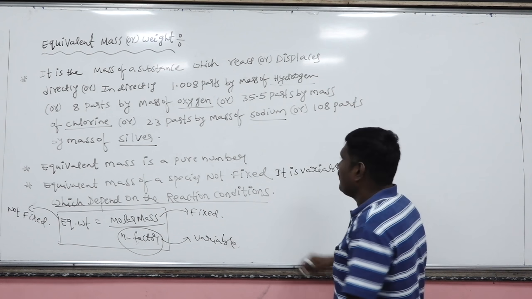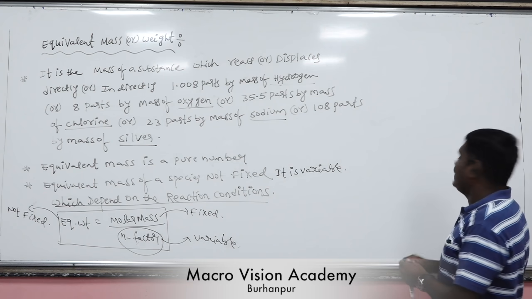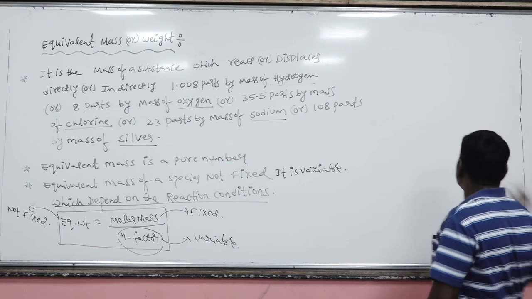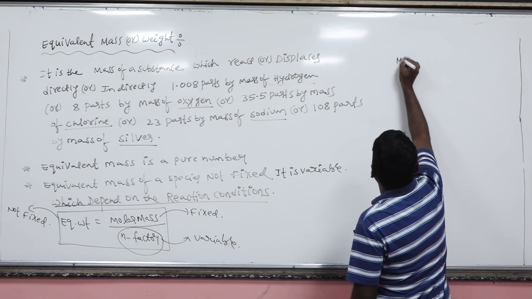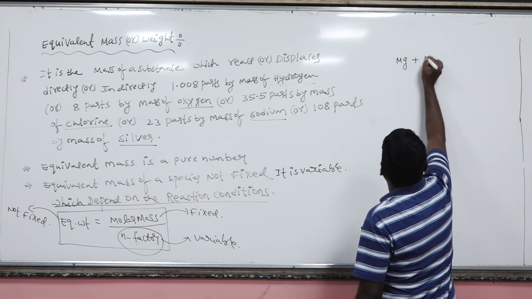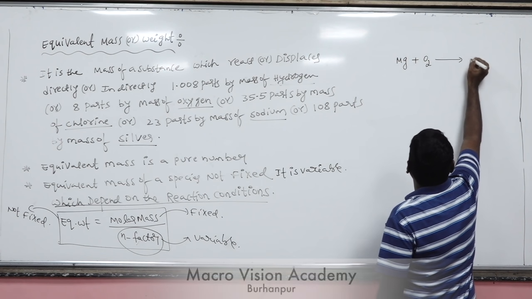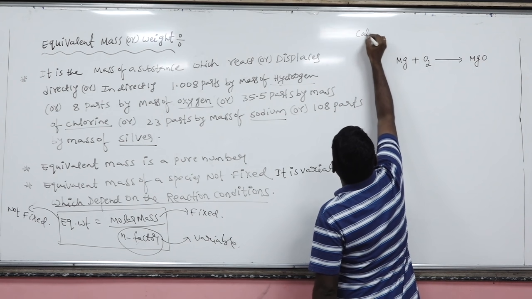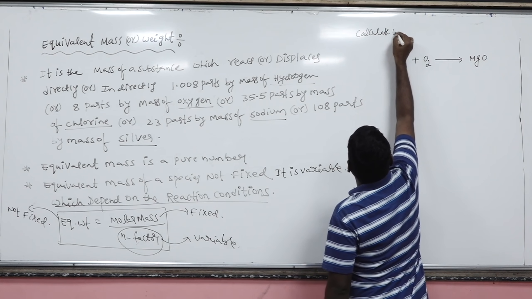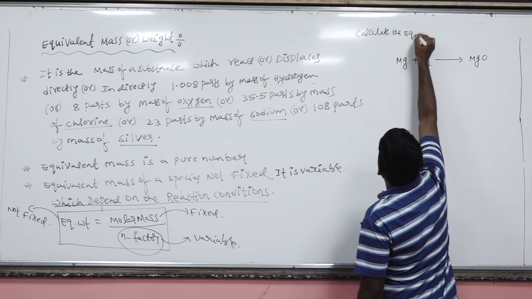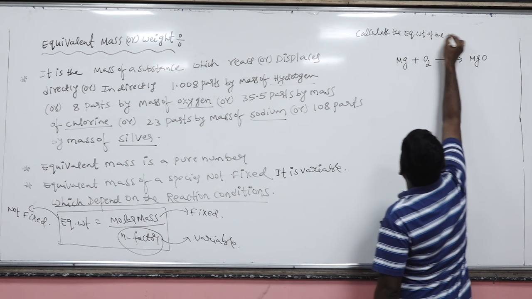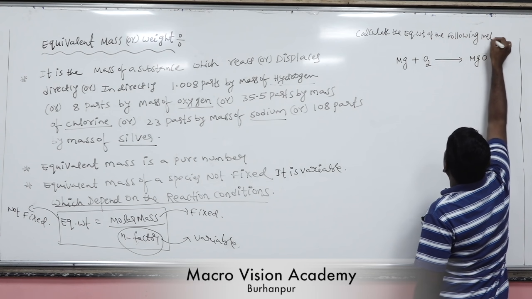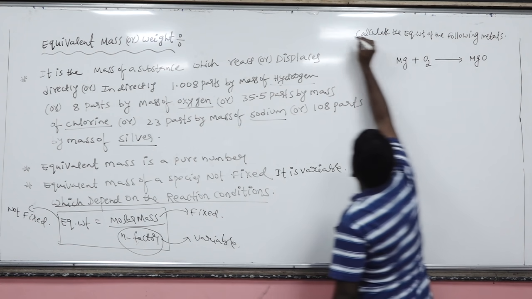Okay. Now here you see, let's suppose magnesium combining with oxygen to give magnesium oxide. What is the question? Calculate the equivalent weight of the following metals.